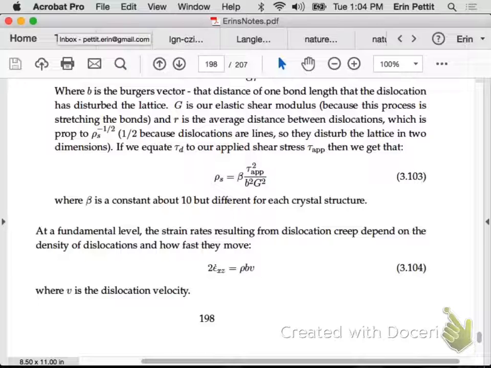This is part of where the cubic relationship for ice comes from. It's a combination of the squared and then the stress that you apply to it.